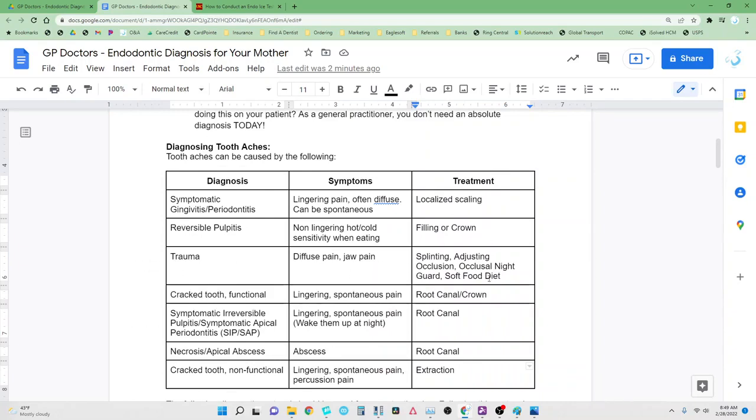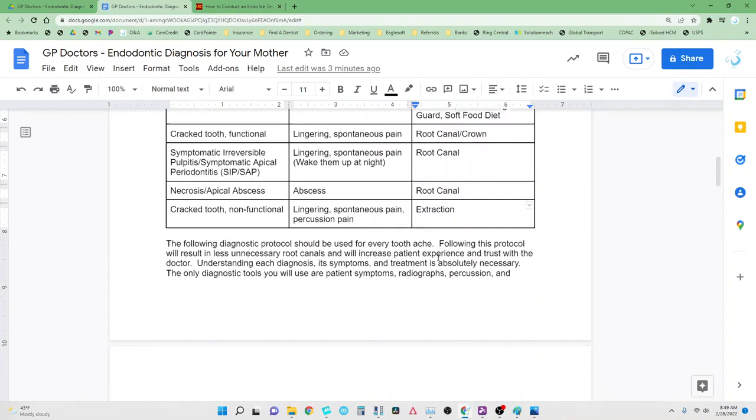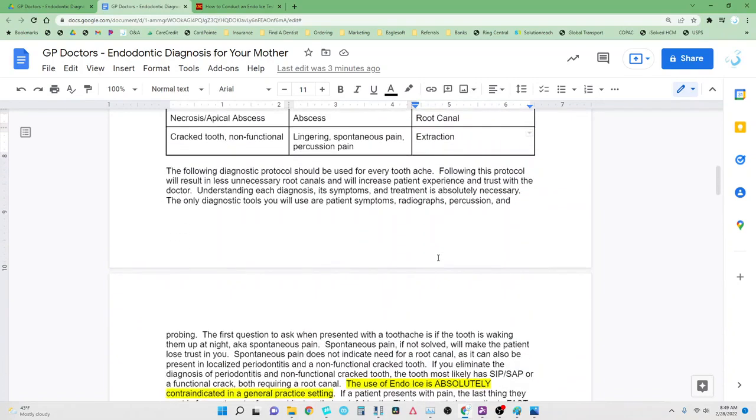And you need to be, again, sad if it is one of these more invasive procedures, because you would prefer it to be something that you can take care of therapeutically or with just a filling or scaling, okay? So the following diagnostic protocol should be used for every tooth, okay?